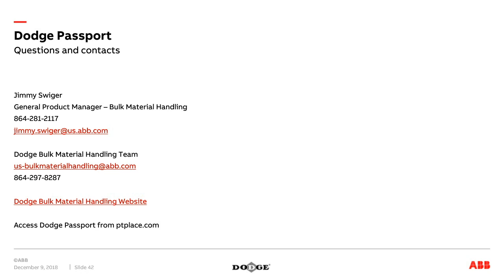Great, okay. And can I enter an order for a Passport quote by myself, or do I need to come to ABB? You can enter an order for a Passport quote by yourself. You can convert any inquiries that you enter into Passport into an order if you are a sellable customer.